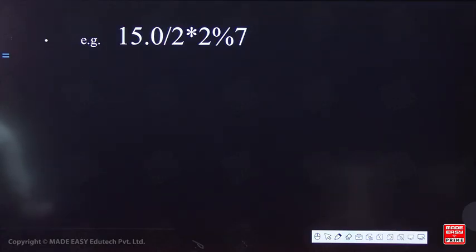I told already. You are not following or what? Modulus does not work on float values. I told you that. Tell me this example. What is the answer?